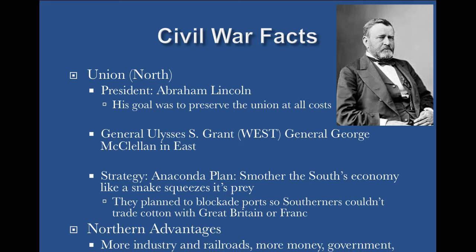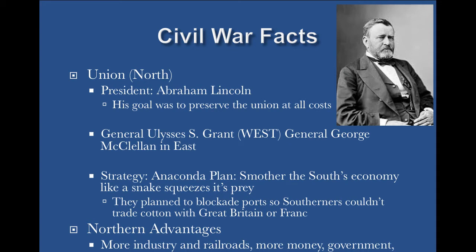A couple of important people that you need to know. The main general that you need to know about for the Union, he was the general for the western part of the war, is General Ulysses S. Grant. Grant eventually becomes the commander of the entire Union Army, but he starts out as just the Union commander in charge of the western portion of the war.